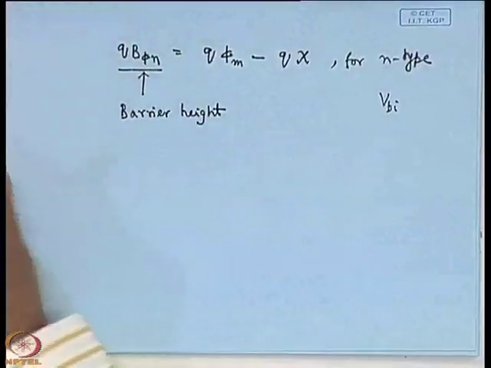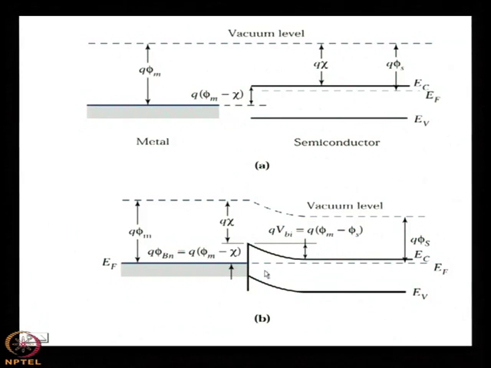Now, the barrier height from this diagram you see that it is given by phi m minus chi. So, if you know the metal work function and the electron affinity of the semiconductor, you can calculate the barrier height for that metal semiconductor contact. So, what are the parameters you must know? One is the metal work function, it is readily available in the data sheet.